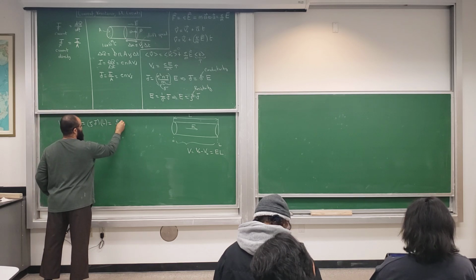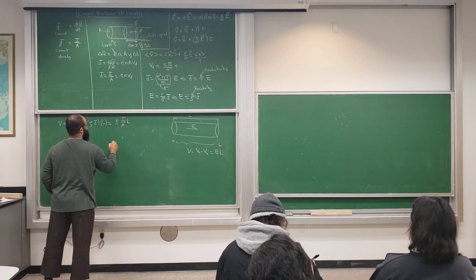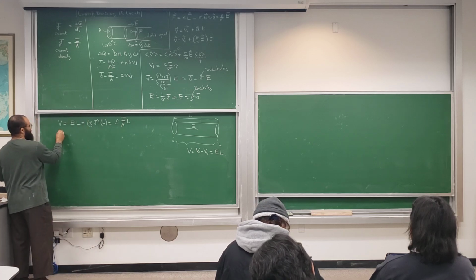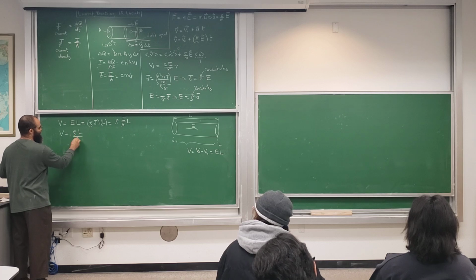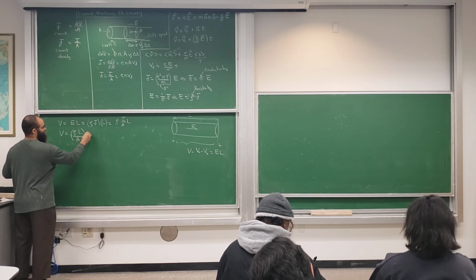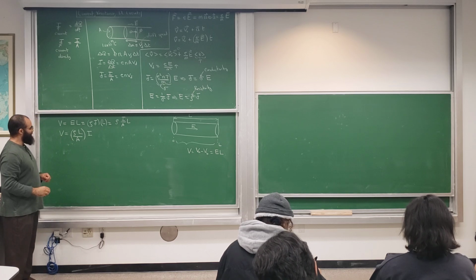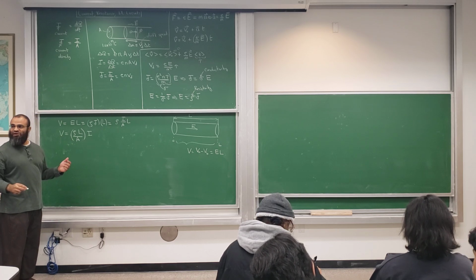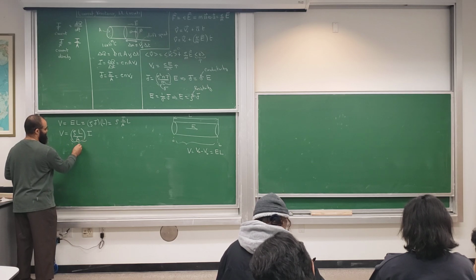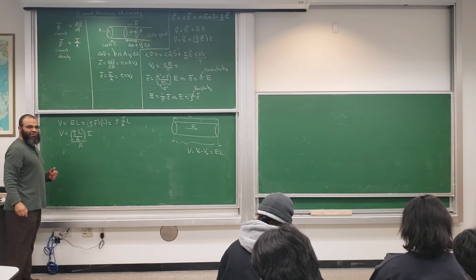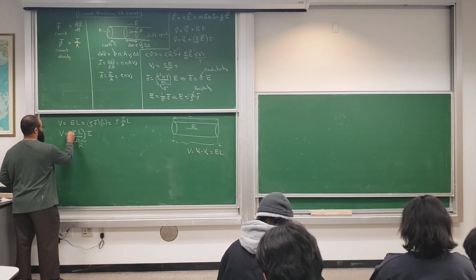So I have rho times the current over the area times L. So then I get V is equal to rho times L over A times I. Yet again, we have another letter that we're going to meet. All this is going to be called R, resistance. All this is in the box.